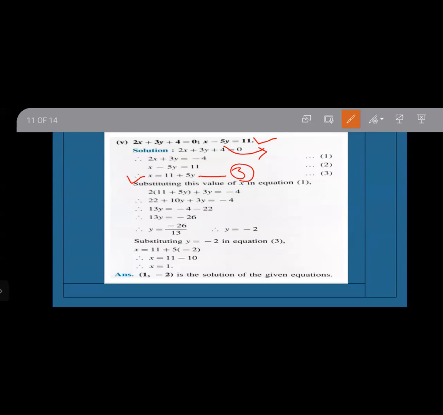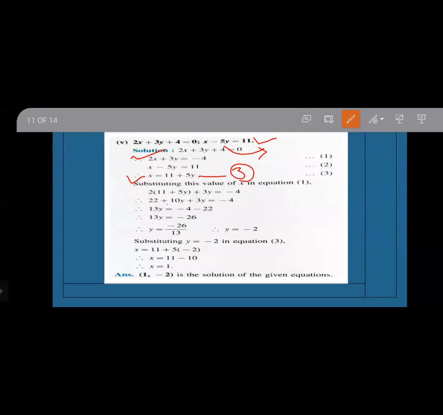You have to substitute only and only in the first equation. Okay, so in place of x, you will write 2 into 11 plus 5y, plus 3y equals minus 4. 2 into 11 equals 22, plus 10y plus 3y equals minus 4.